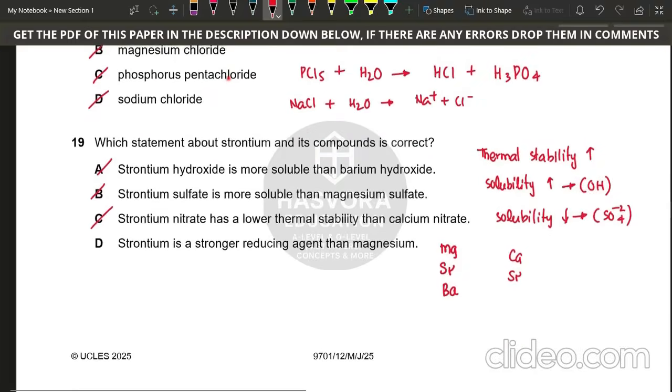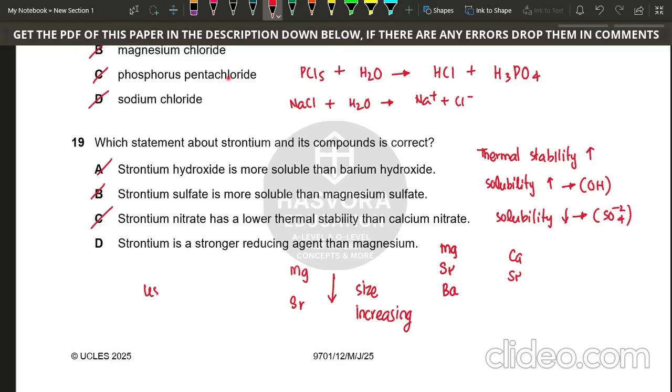Then D says strontium is a stronger reducing agent than magnesium. Okay, so magnesium is above the strontium, and what actually happens is that down the group the size is increasing, which means there is less attraction of the nucleus towards the electrons.